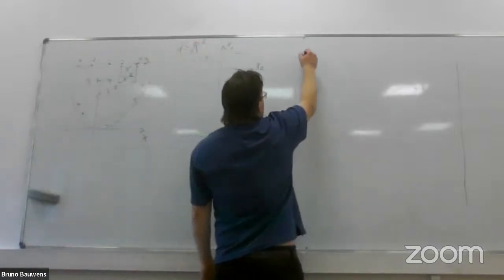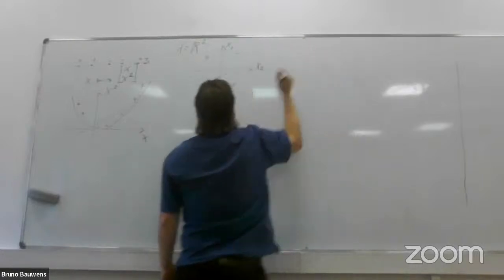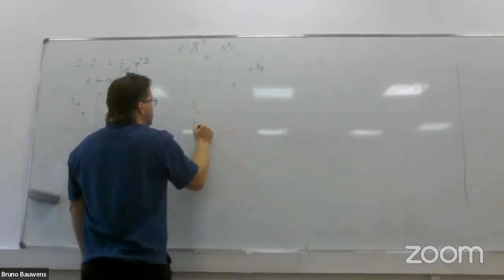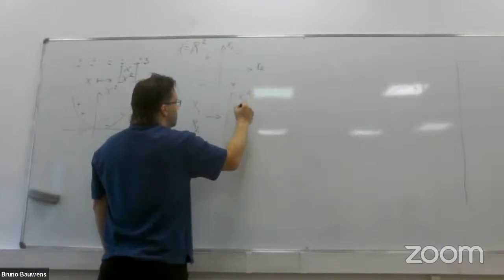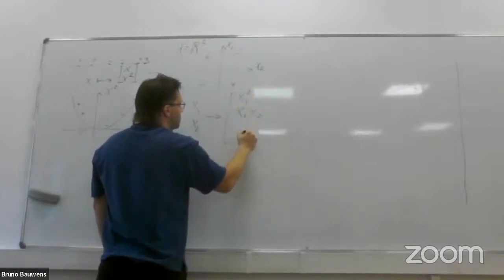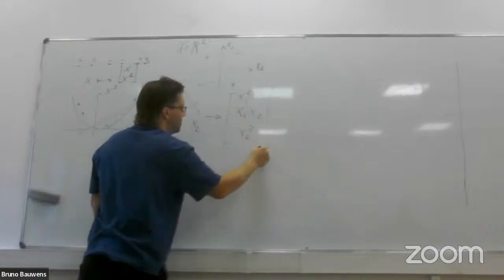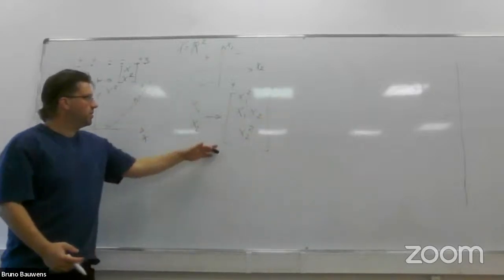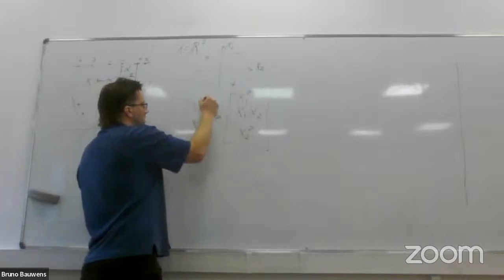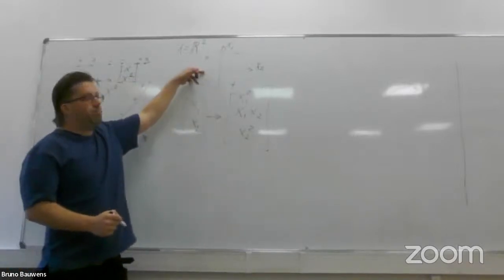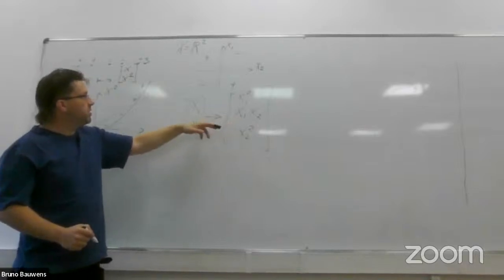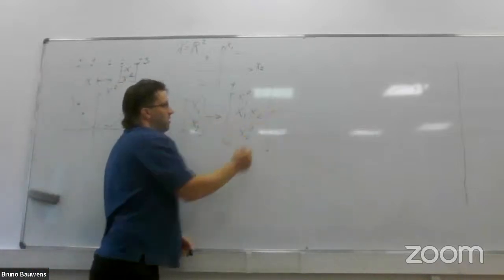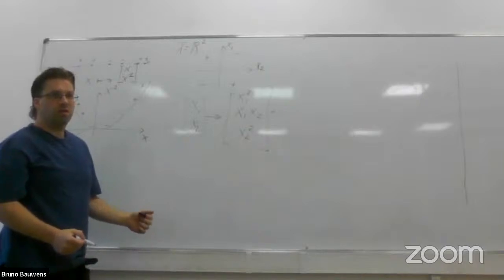However, if we do augmentation, x1 squared, x1 x2, x2 squared, for example, now I'm dropping monomials of degree 1, it becomes separable in this three-dimensional space, because we just need this coordinate, x1 x2.